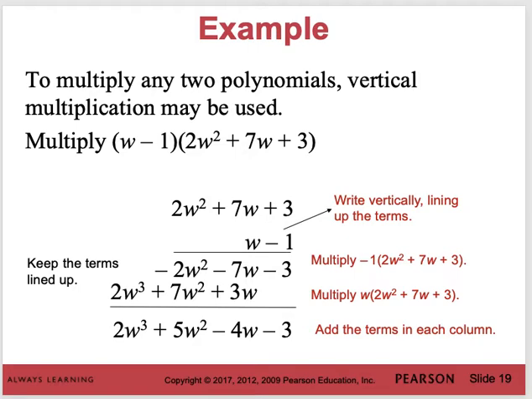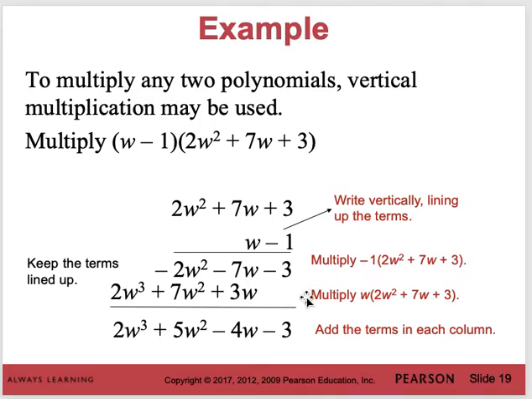To multiply any two polynomials, vertical multiplication can also be used, just like you would when you set up your original old school multiplication problem. So in this case, we can put our larger trinomial up top and our binomial on the bottom, and then we can multiply negative 1 times the values 2w squared plus 7w plus 3.